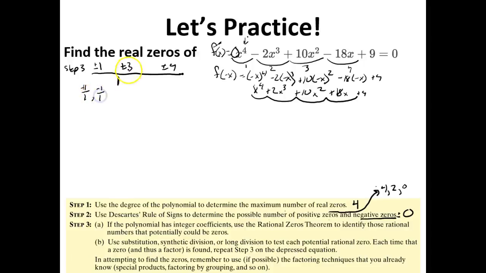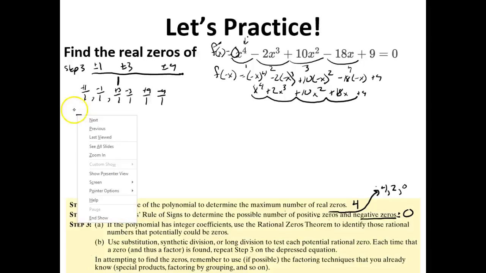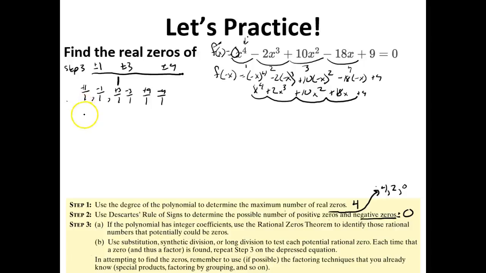Plus 3 over 1 or minus 3 over 1, plus 9 over 1, or minus 9 over 1, which means possible ones are 1, negative 1, 3, negative 3, 9, and negative 9. That's my possible list based off of the rational zeros theorem.